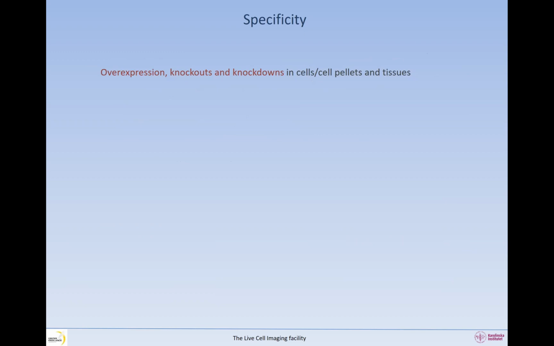Now, how are we dealing with specificity? Here we have overexpression, knockouts, and knockdowns that can be done in cells, cell pellets, or tissues. This will allow us to increase or decrease the level of the protein of interest in cells or tissue, and we will check if the immunostaining or the Western blot varies as expected.